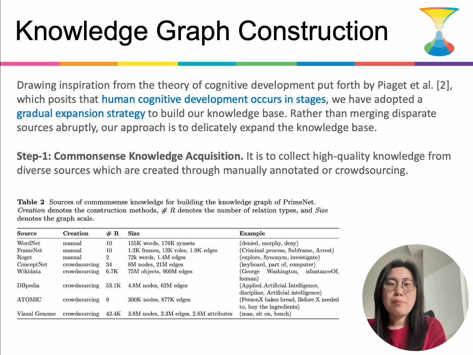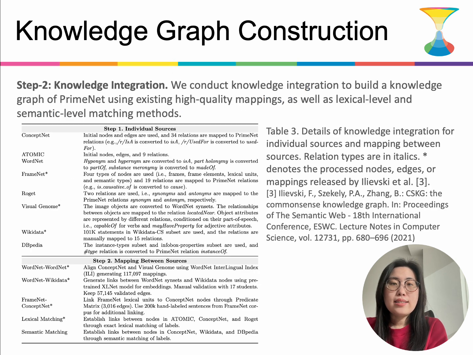In the first step, we collect high-quality commonsense knowledge from diverse sources such as WordNet, DBpedia, ConceptNet. The sources and their examples are summarized in Table 2. The next step, we integrate the knowledge into one graph. The collected knowledge in Step 1 is from different sources in different formats.